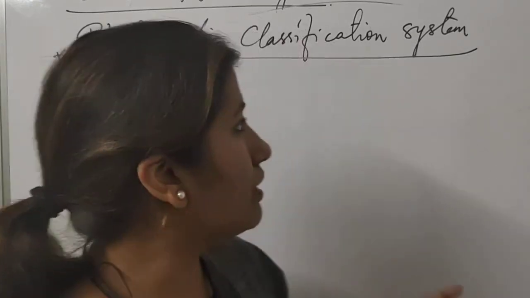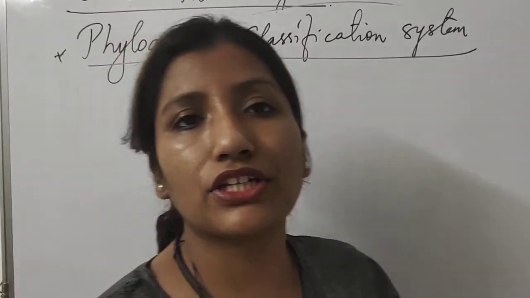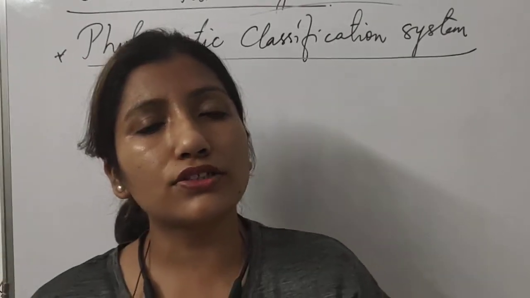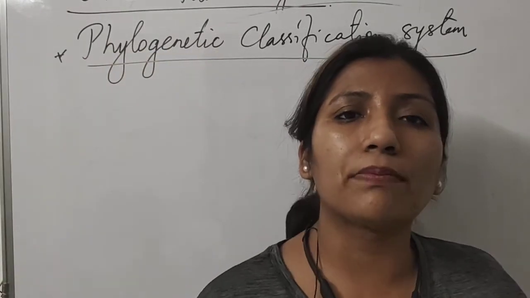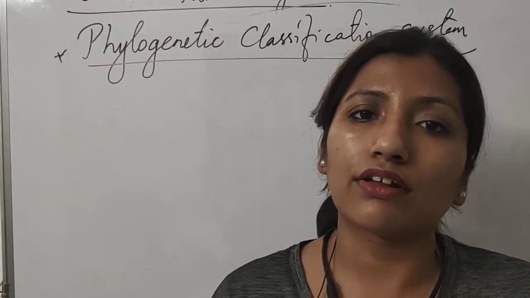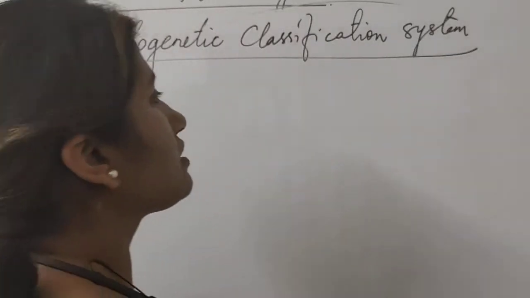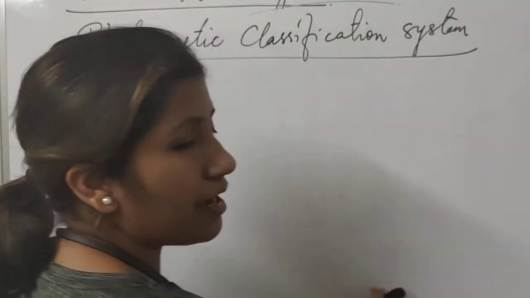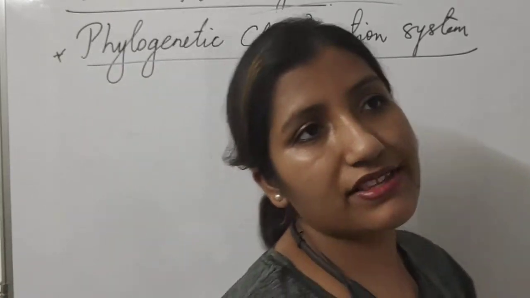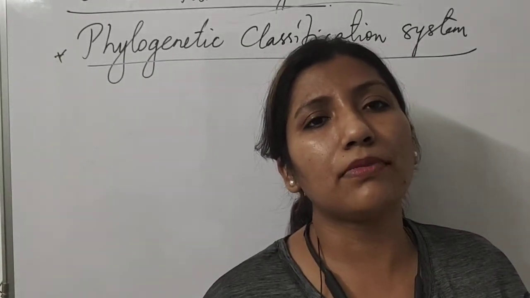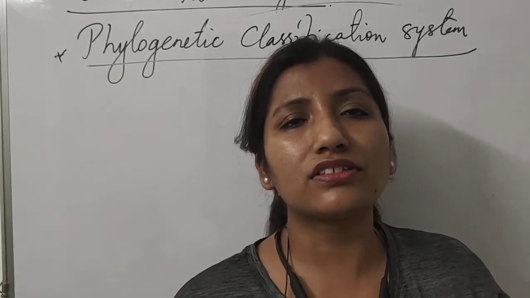Then we improved to the phylogenetic classification system, where we could also group the organisms on the basis of evolutionary relationship. That means the organisms which share the same common ancestor. For example, mammals come under the same group.